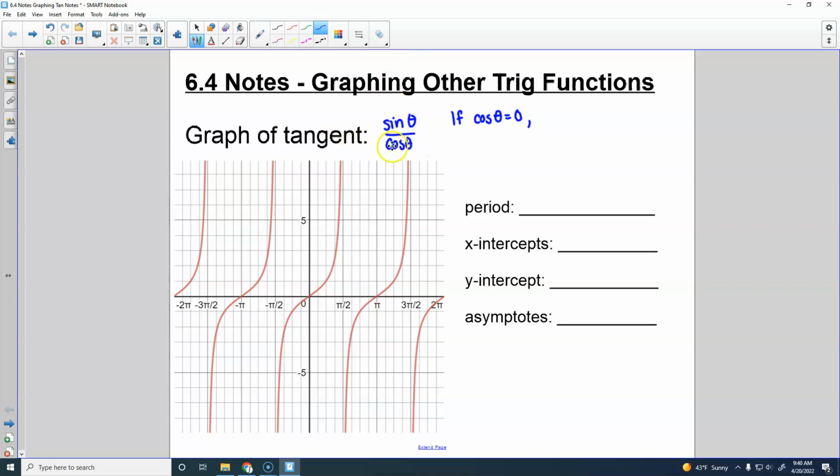If cosine is 0, and it's in the bottom, then tangent is going to be undefined. And on the graph, that's going to be a vertical asymptote.